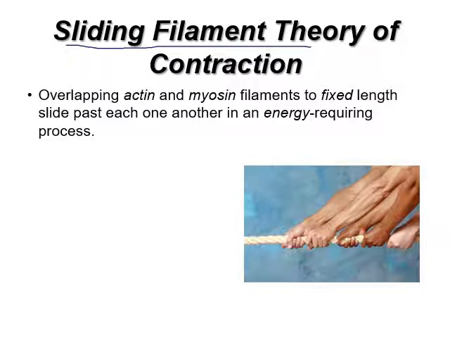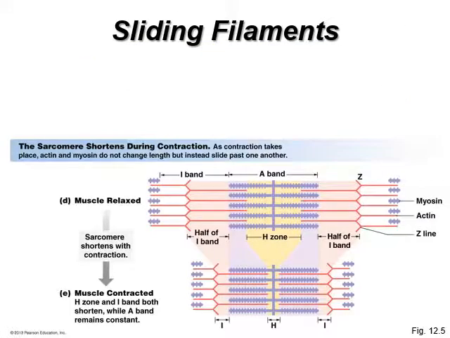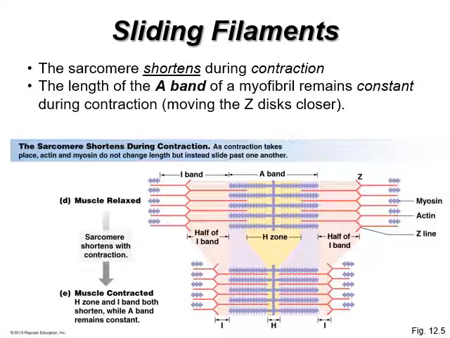Okay. So if you remember, we have those sarcomeres that are overlapped, the actin and myosin overlap each other where they get interaction between each other. But the key is that actin and myosin are fixed length. They don't change their length. What they do is, as you see down here, they slide across.